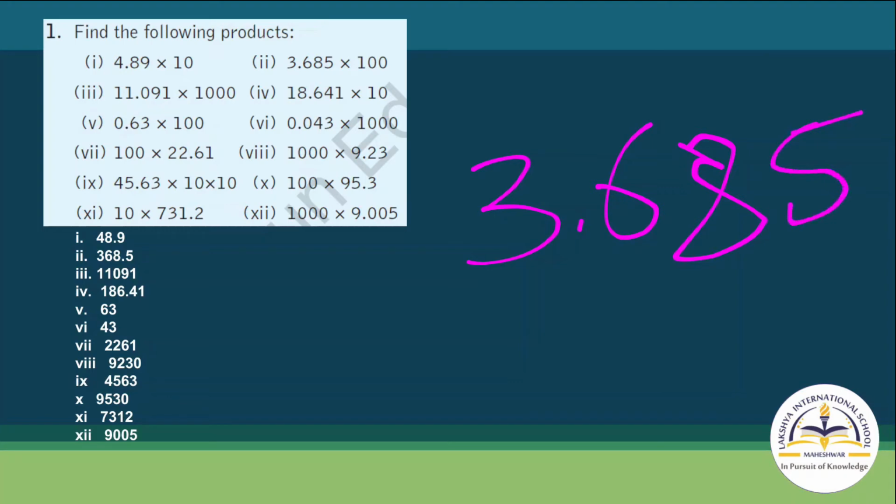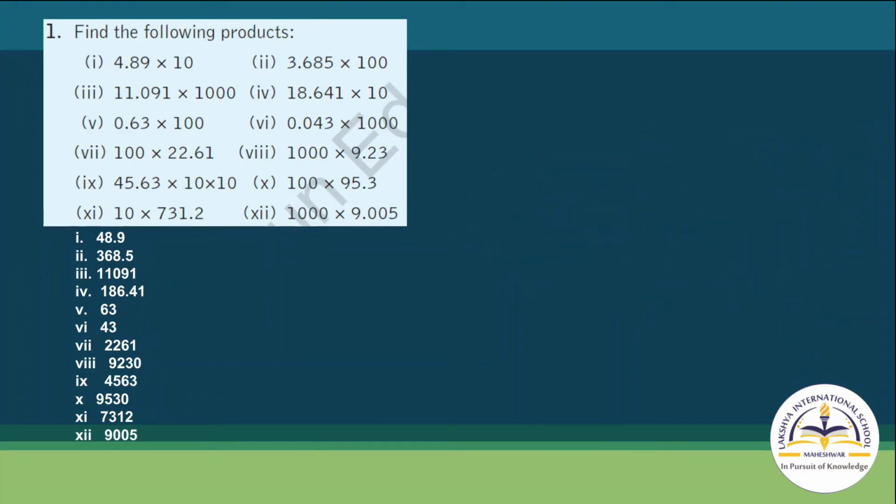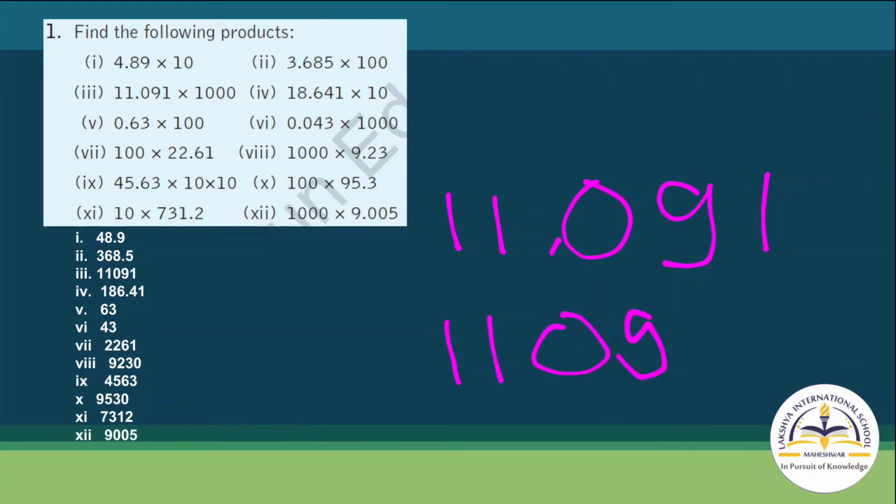Now here our decimal point will be at this position, because in 100 there are 2 zeros. Now in the third question, 11.091, and there is 1000, so in 1000 there are 3 zeros, so there is no decimal point. Okay, this will be our answer.